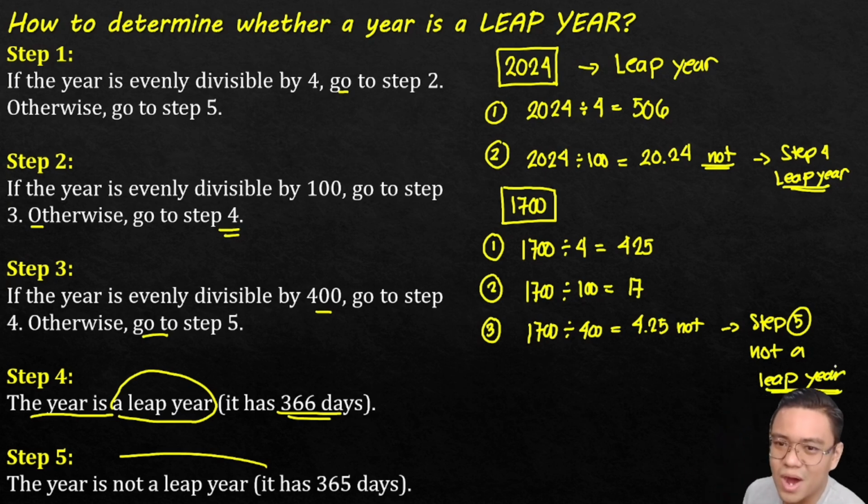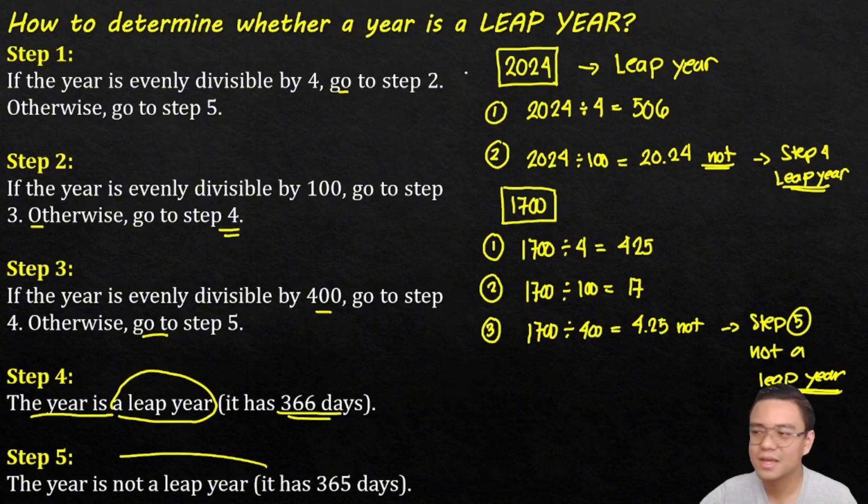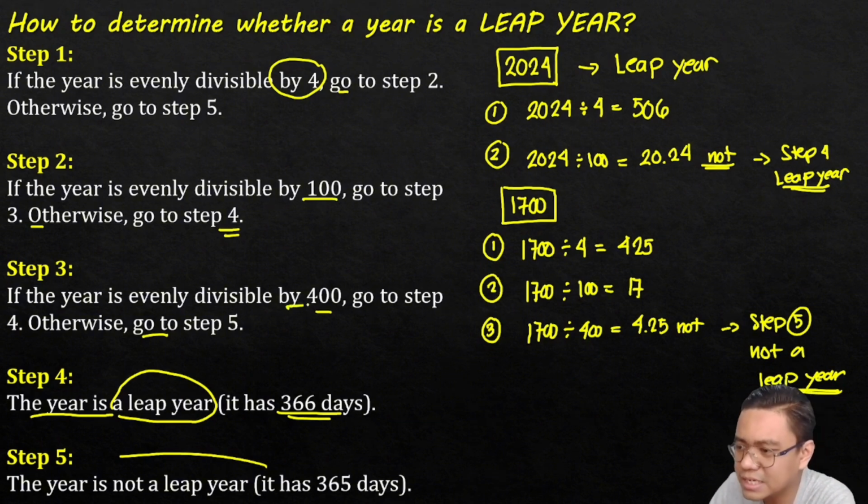So, with this one, I want you to understand that for this particular setup natin dito, just to simplify things, basta makita mo yung year natin divisible by 4, there's a big chance that it is a leap year. Now, when do you consider divisible by 100 and divisible by 400? If it ends with double zero.